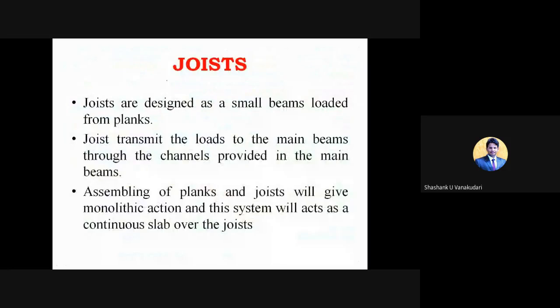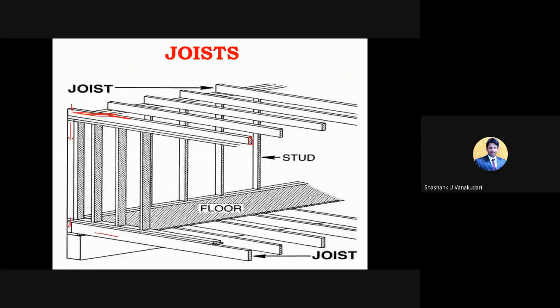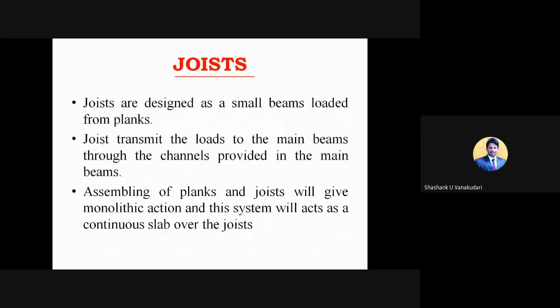And then moving on to the next part, that is the joist. These joists are designed as small beams loaded from the planks. As I said, these joists consider the load which comes from the RC planks, and then the joists transmit the load to the main beams through the channels provided in the main beams.